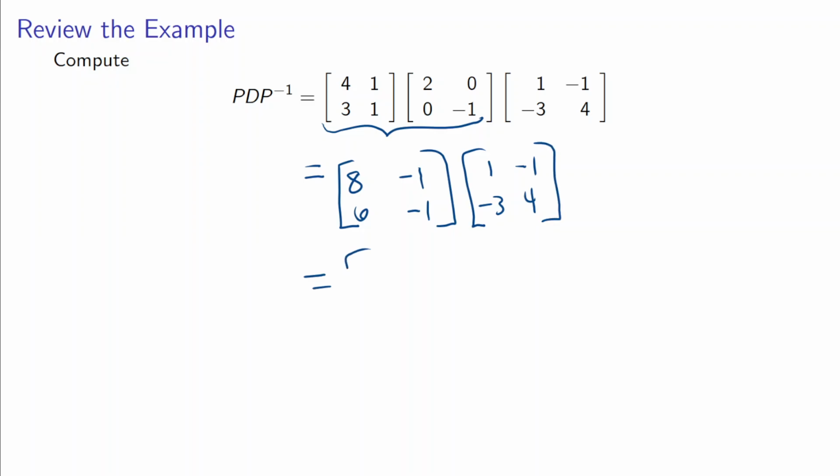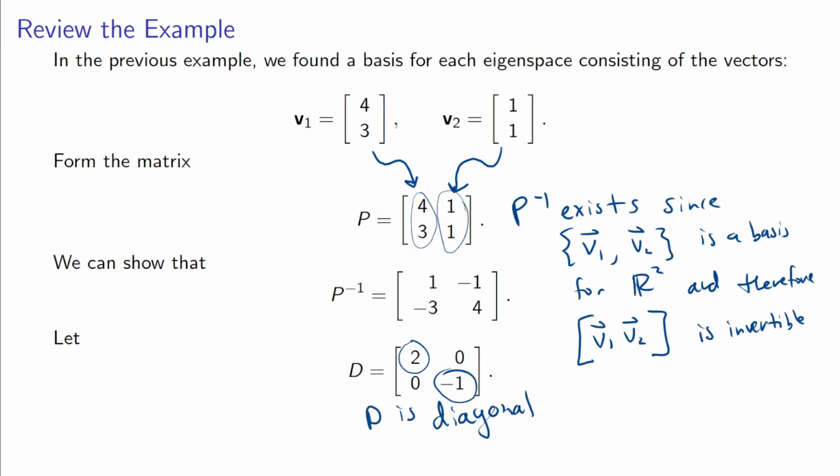Going through this carefully, we have an 8 plus a 3, so that's 11. We have a -8 minus 4, so that's -12. We have a 6 plus a 3, so that's 9. And we have a -6 minus 4, so that's -10. And hopefully this matrix looks familiar. This is the exact matrix we started with. This is our matrix A.